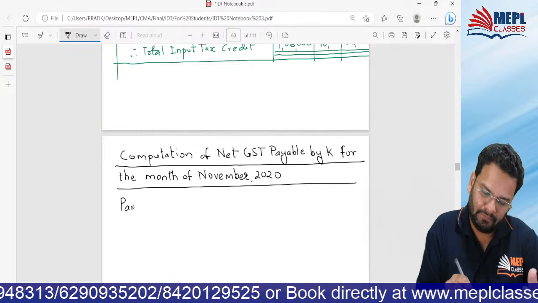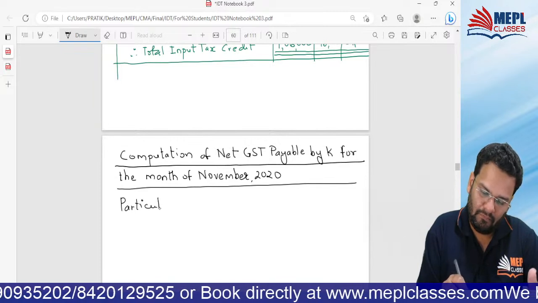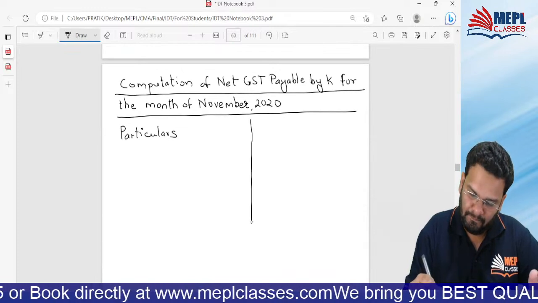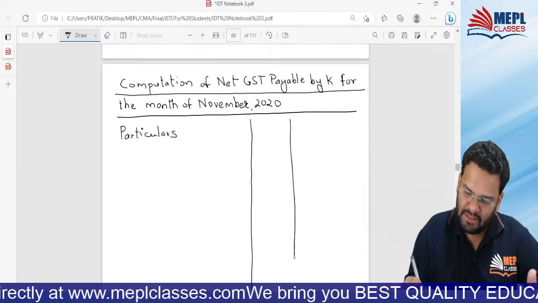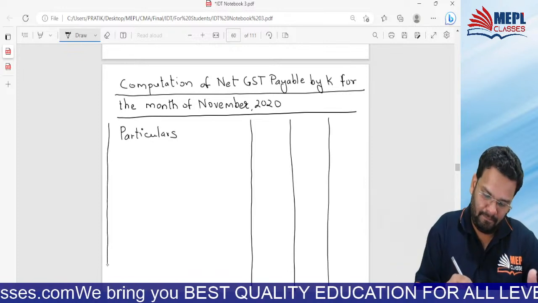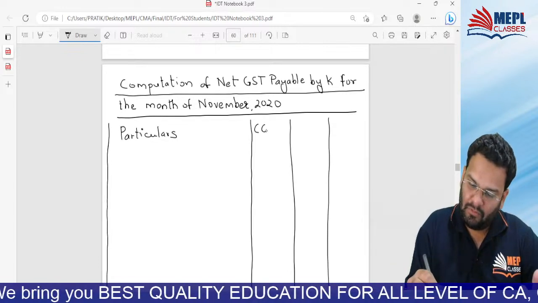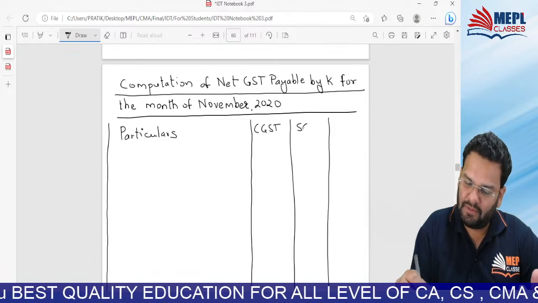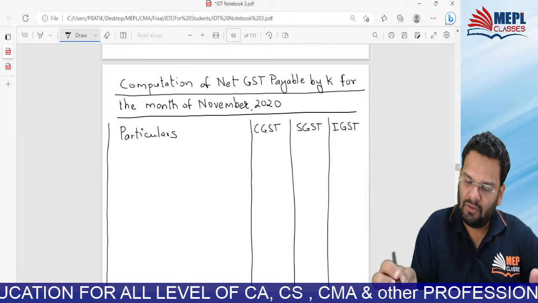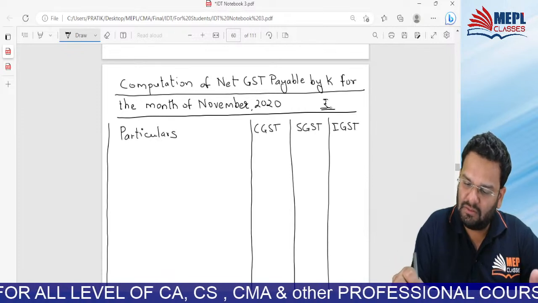Particulars, CGST, SGST, IGST. All figures in rupees.